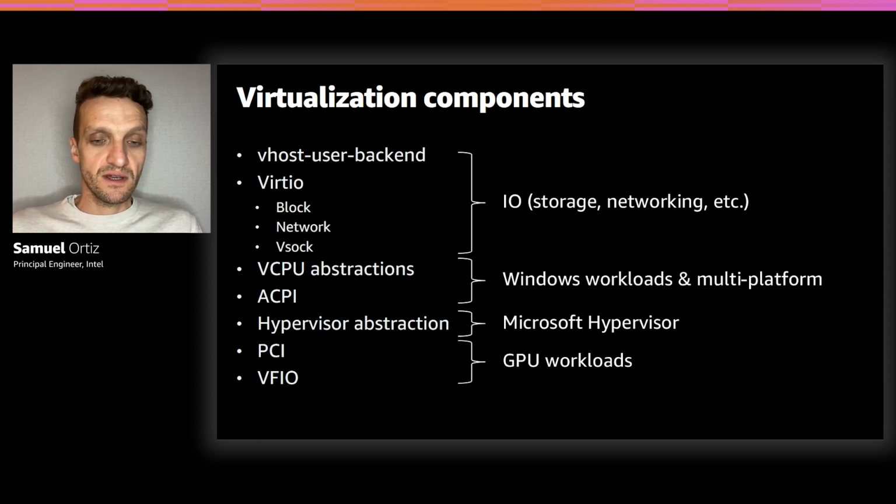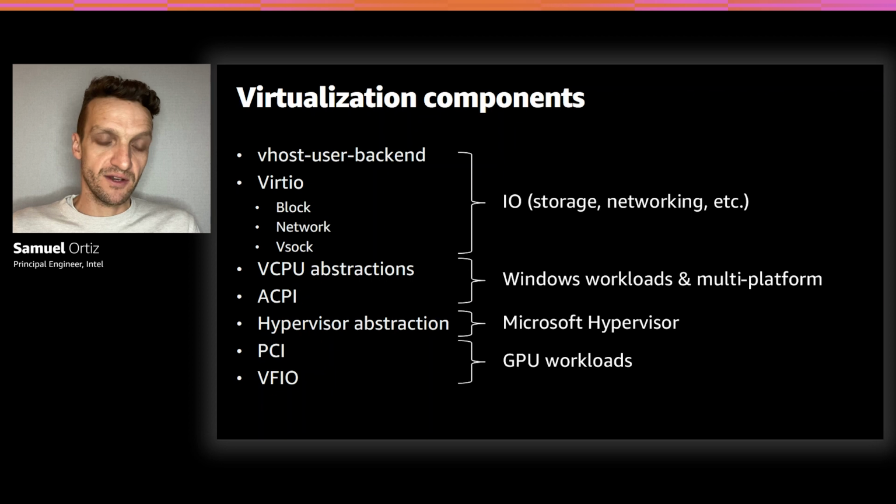Andrea mentioned the GPU workloads, and to use those GPUs in your guest, you need two things. You need to be able to pass those workloads through, and for that you need a VFIO crate. And the VFIO crate addition to Rust-vmm is already a work in progress. So this is something that we are currently working on.